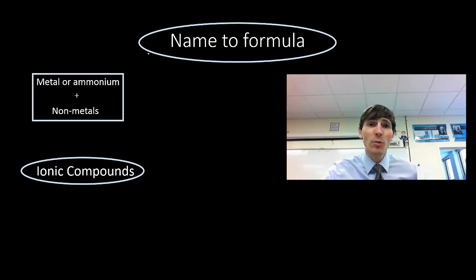If I want to make a formula out of a compound's name, I'm going to look first at what the compound contains. I need to figure out what kind of elements are involved.